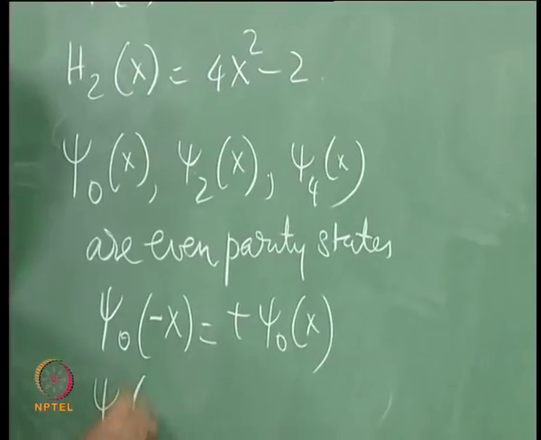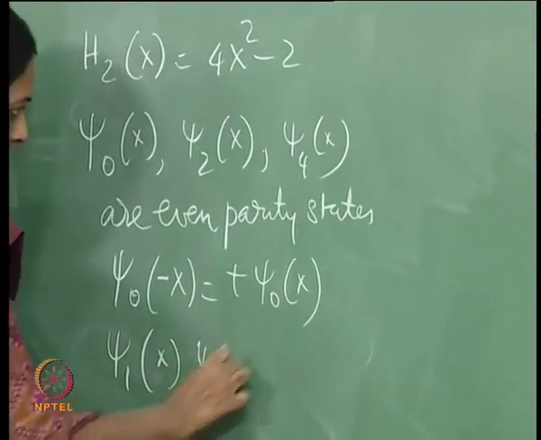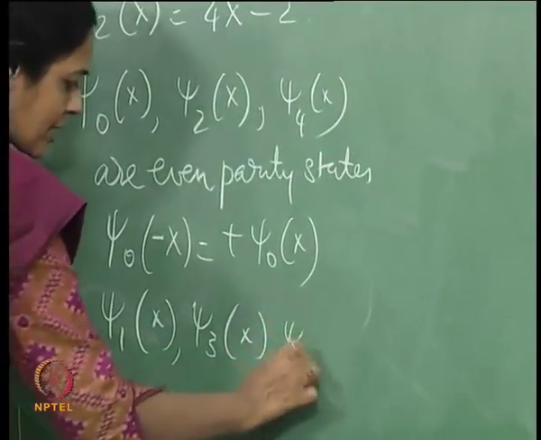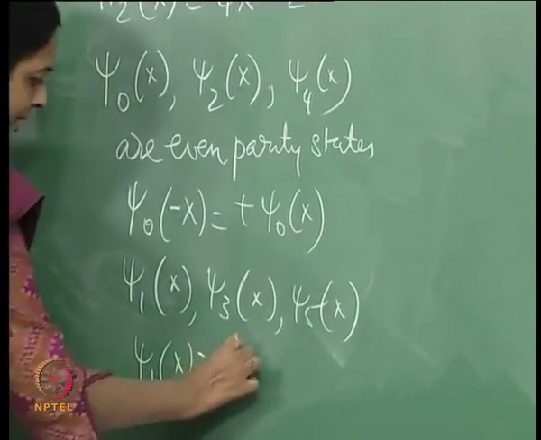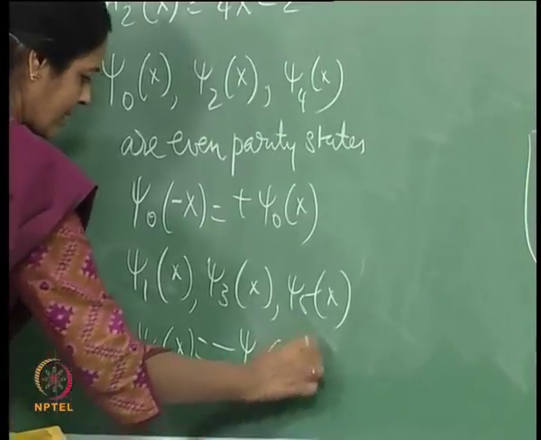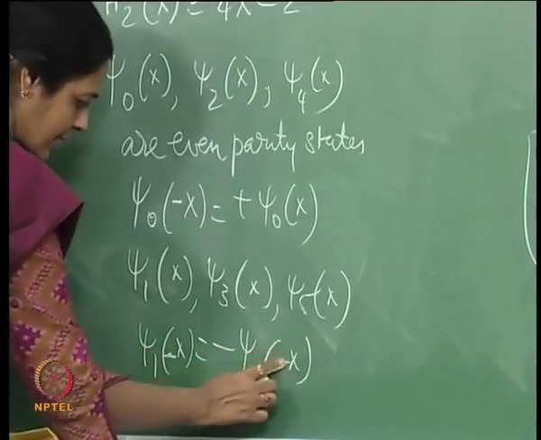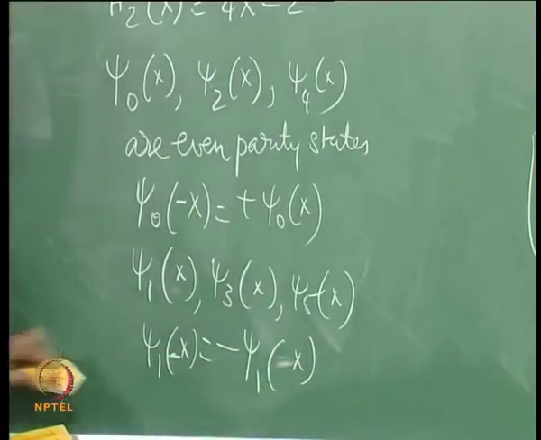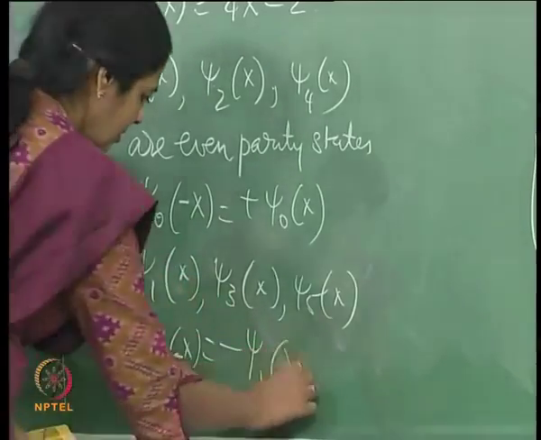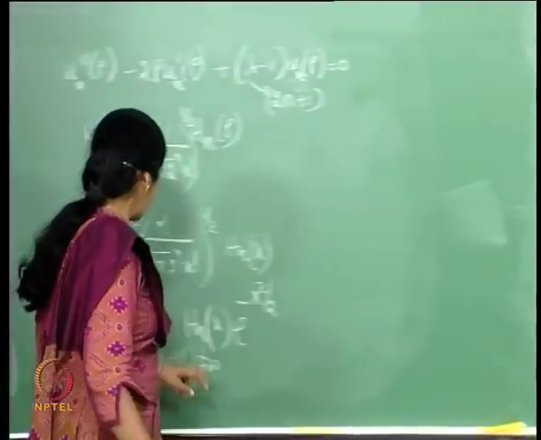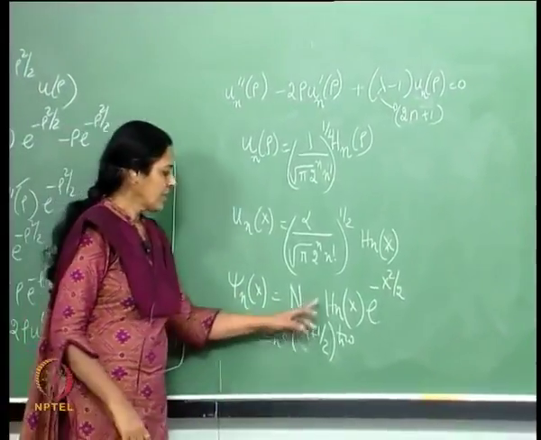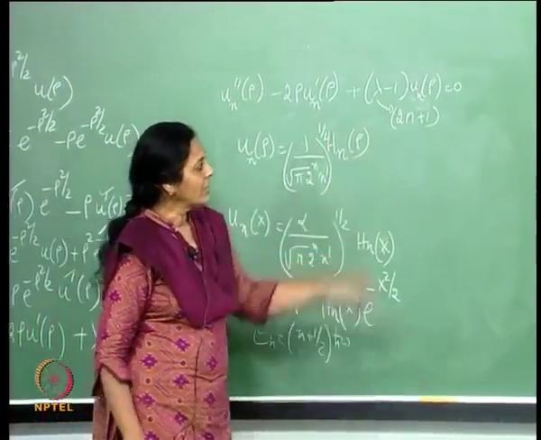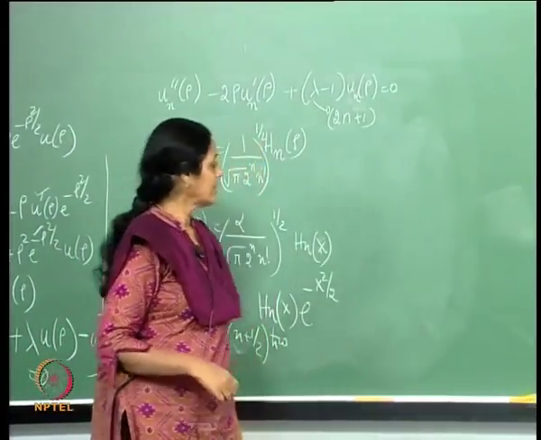And psi 1 of x, psi 3 of x, psi 5 of x are odd parity states. That means psi 1 of minus x is minus psi 1 of x, and so on. This property is reflected by the fact that psi n of x is essentially Hn of x, and the Hns themselves have even and odd parity like I have shown here.